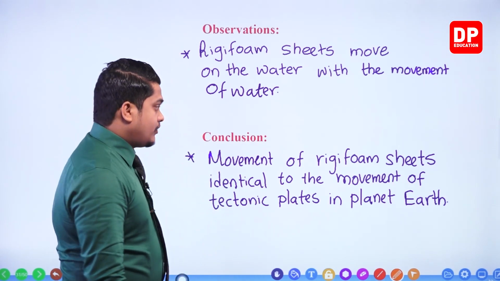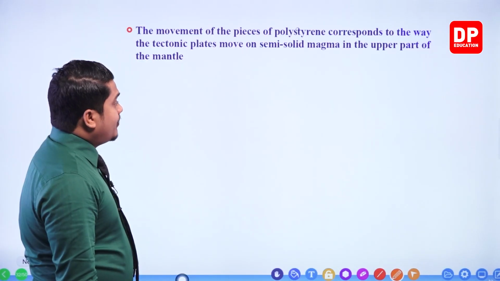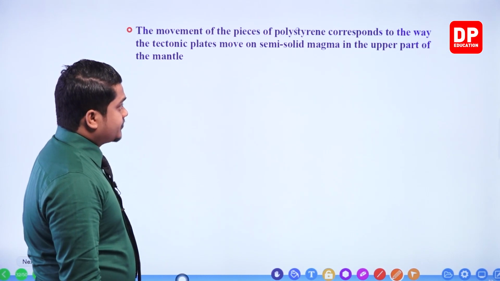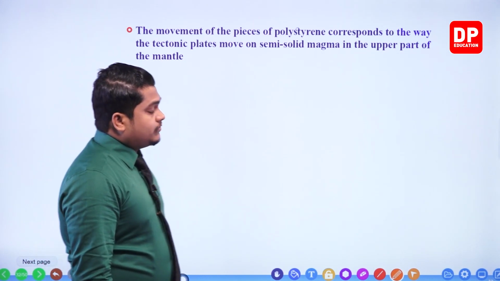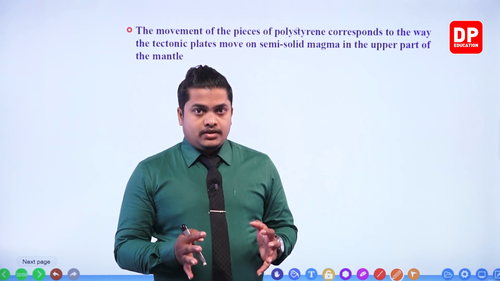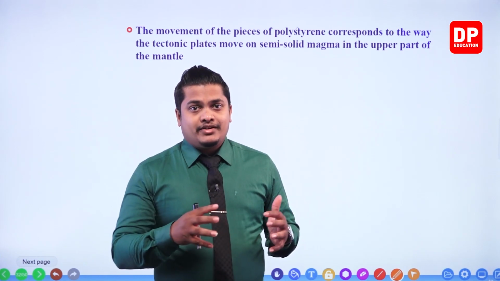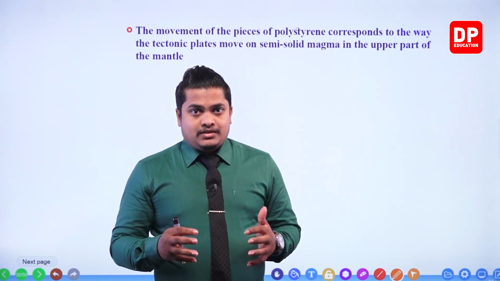Okay. Right then. So the movement of pieces of polystyrene, which means rigiform, my dear children, right? So polystyrene corresponds to the way the tectonic plates move on semi-solid magma in the upper part of the mantle, right? So within our Earth, you know that Earth has been divided into several parts, right?